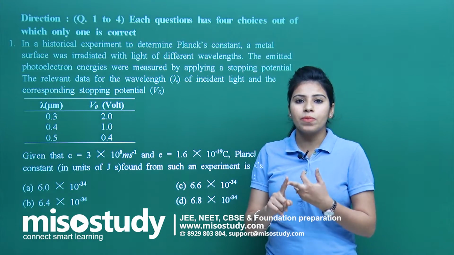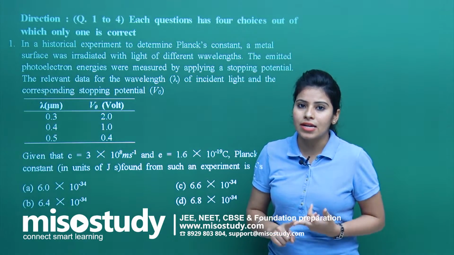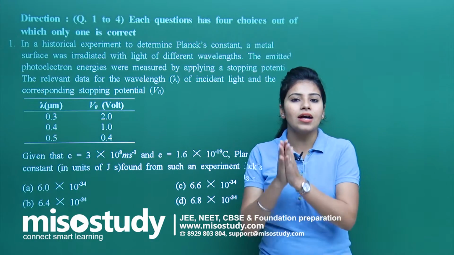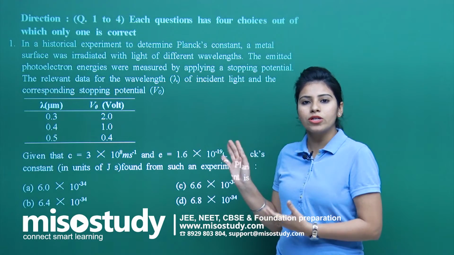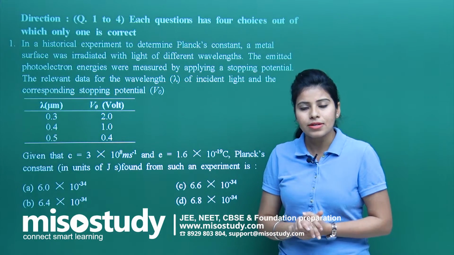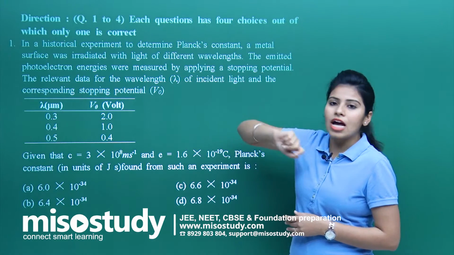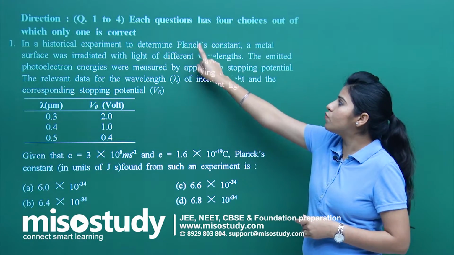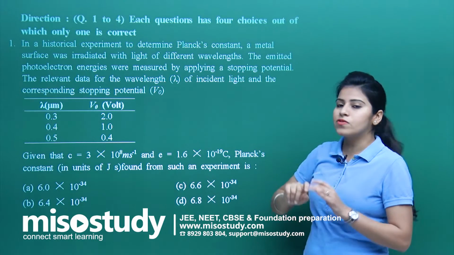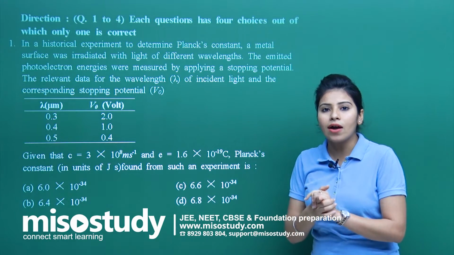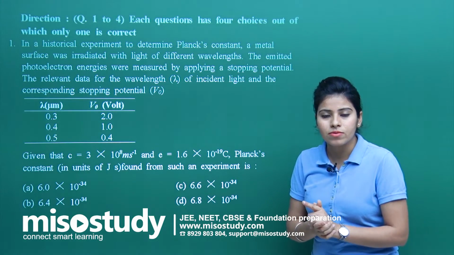The second one would be where more than one option is correct. So, basically there are sections which you are going to see in this pattern, right. Now, the direction has been given that questions 1 to 4 each have 4 choices and we have to select any one, right.